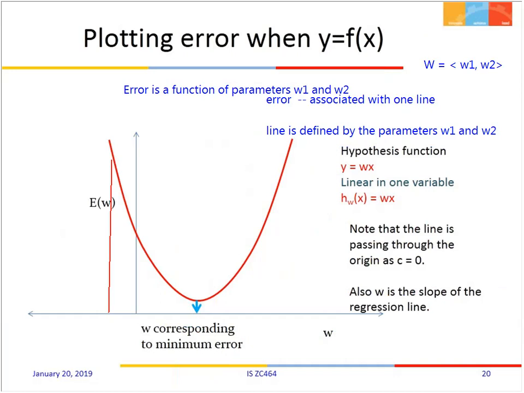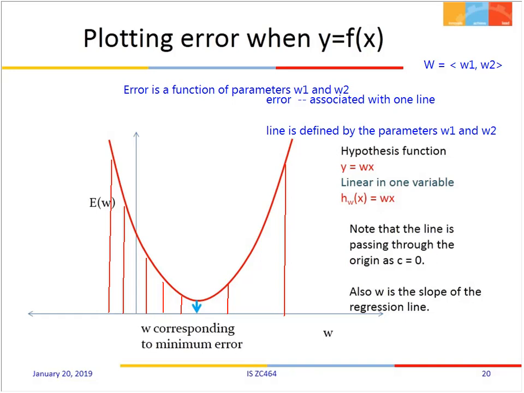Each line on the w-axis has its corresponding w value. That means different slopes correspond to different error values. Different values of W correspond to different lines with different slopes, and different lines will correspond to different amounts of error, which we computed in the previous example.